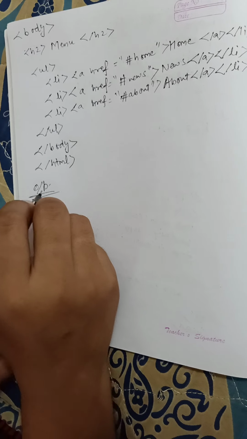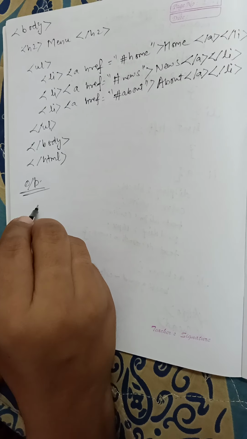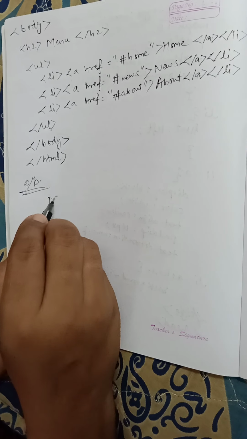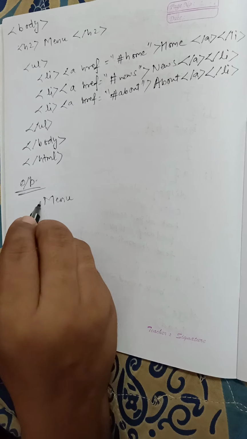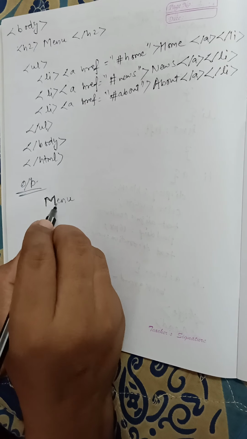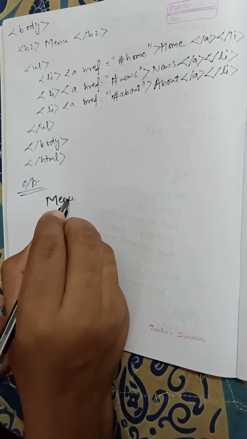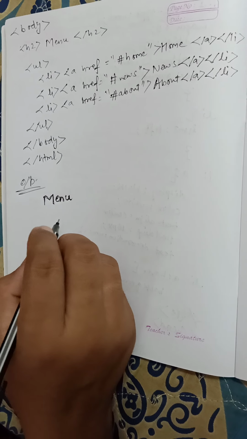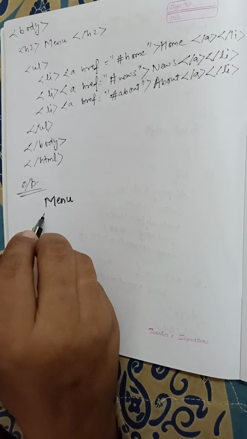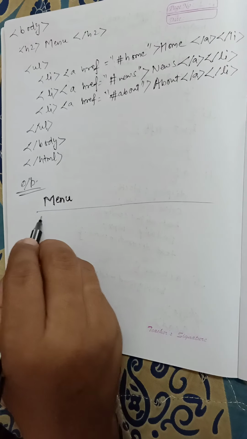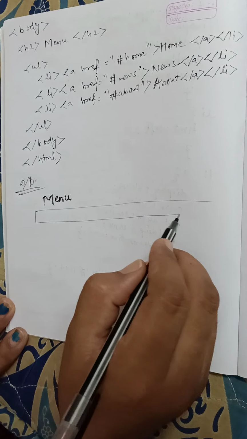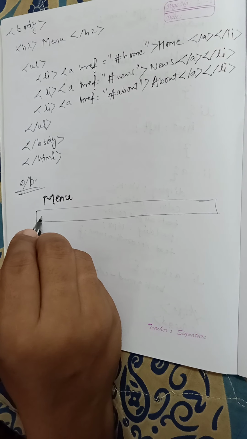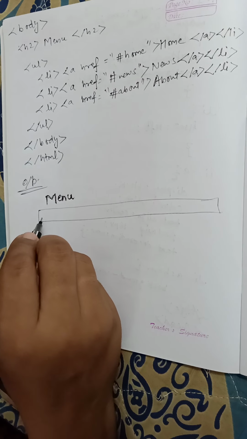So what will be the output for this? My output will be, first I have given a heading menu, so I will be having a heading menu. Let me make it bold for you. With my pen I am making it bold. After that you will be having some navigation bar kind of thing which you have already seen on different kinds of websites.